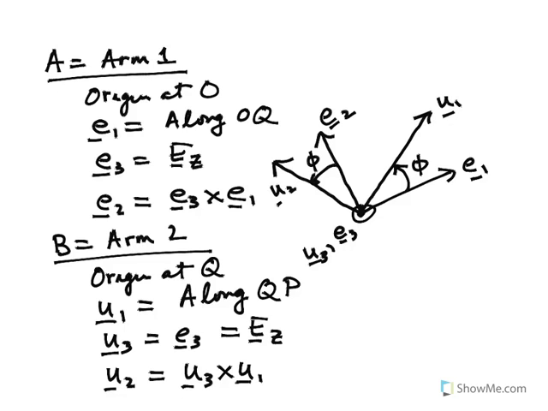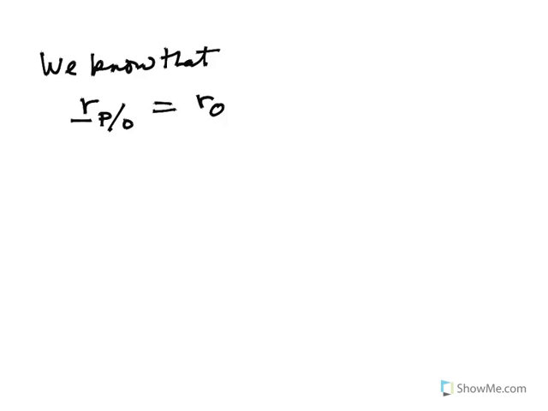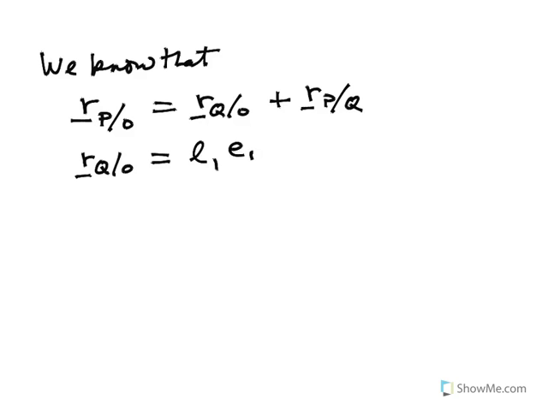So let's do the position first. So we know that the position of point P relative to point O is equal to the position of Q relative to O plus the position of P relative to Q. Now the position of Q relative to O is equal to L1 times E1.